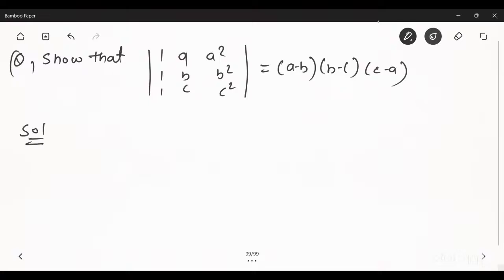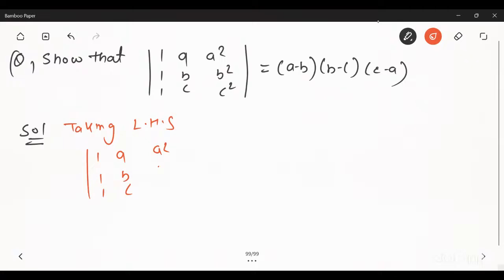See the solution. LHS, taking 1 1 1, a b c, a square b square c square. Now R2 tends to R2 minus R1 and R3 tends to R3 minus R1.